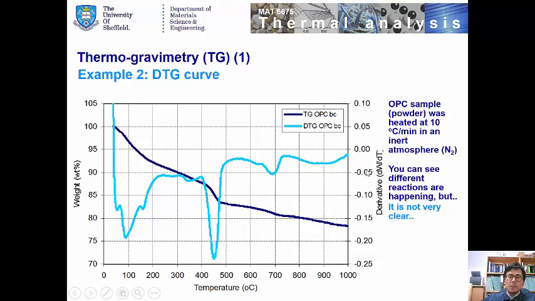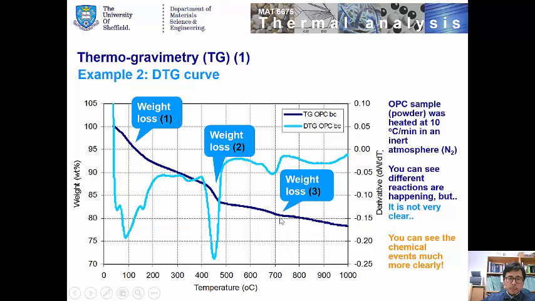So this is the big advantage of using DTG curve, first derivative of original weight change curve. Okay, so mainly it has a big one weight loss event, second event, and third event.